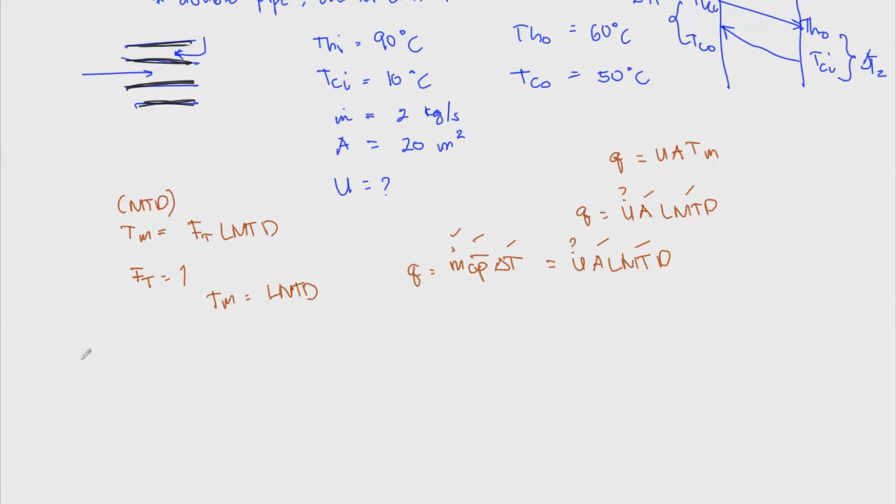So in this case, the average temperature is simply equal to THI plus THO divided by 2, which makes this 90 plus 60 divided by 2. So the average temperature is, I think that's 75 degrees Celsius, which is equal to 348.15 Kelvin. Okay.